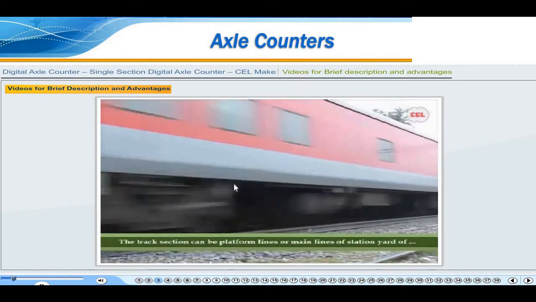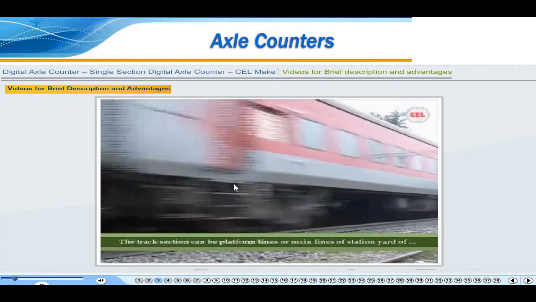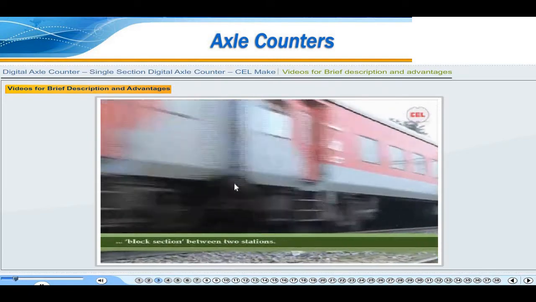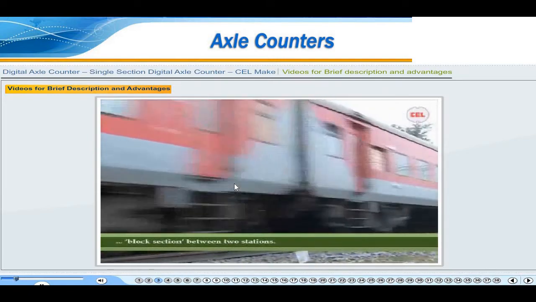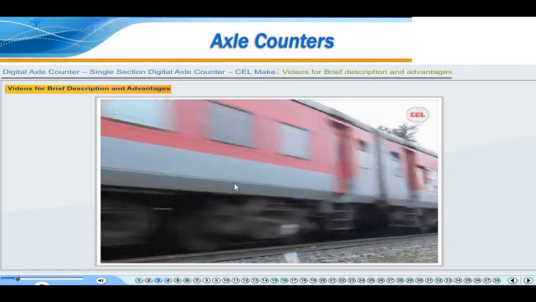The single section digital axle counter works on the principle of counting the axles of the passing train at the limits of the section and indicates the occupancy or clear status of the section to the operating staff.